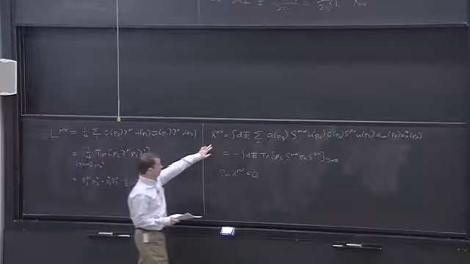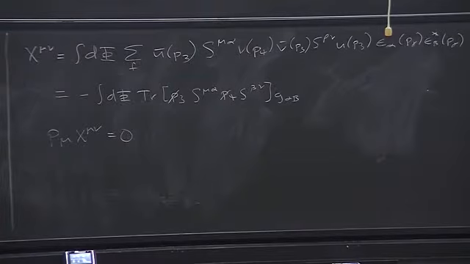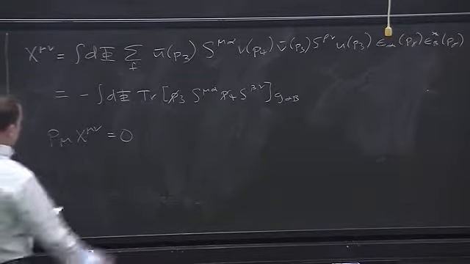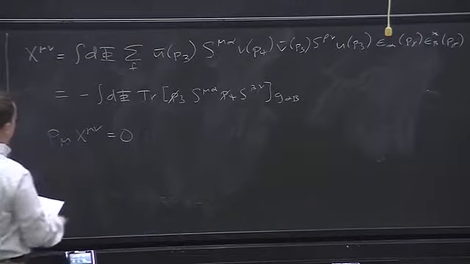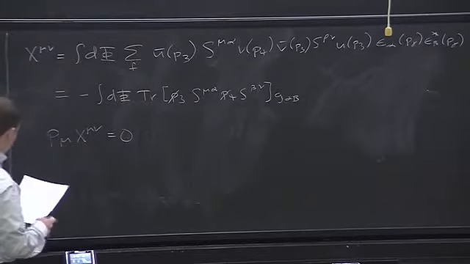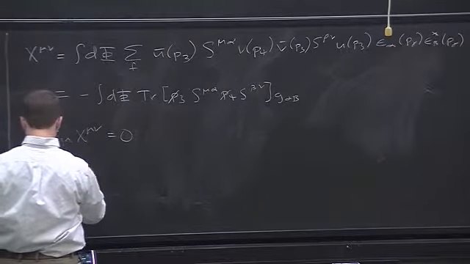So X mu nu is actually only a function of p, the total momentum. If it's only a function of p and this Ward identity holds, then that tells us that X mu nu has to take the following form.